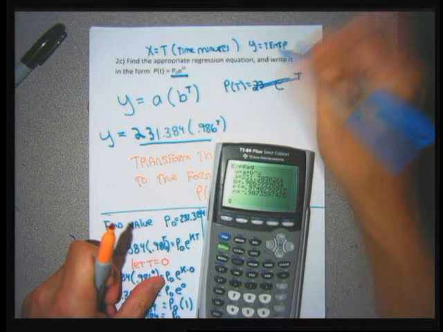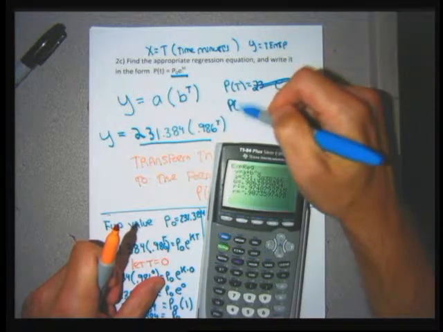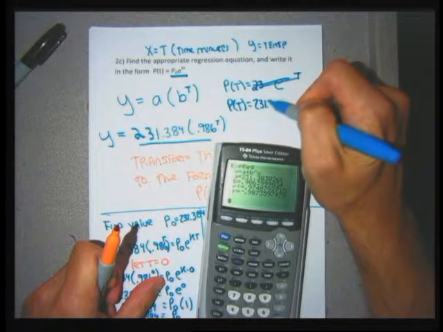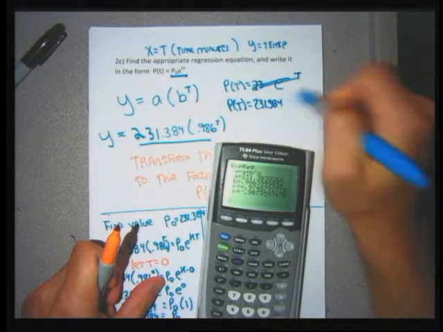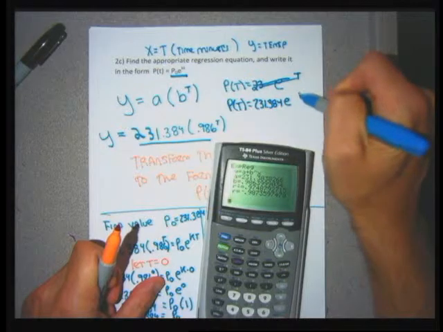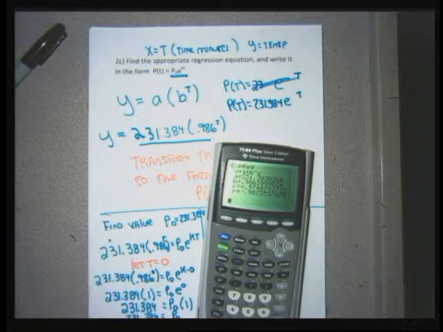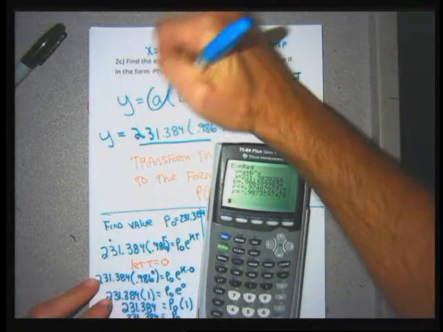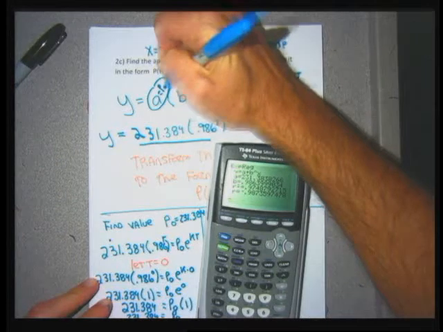I have room here, so I'm going to write P of t equals 231.384 times e, and I need to get something to the left of the t. So I'm partially done. What my calculator gives me, this A, is the P0 that I need for my formula.